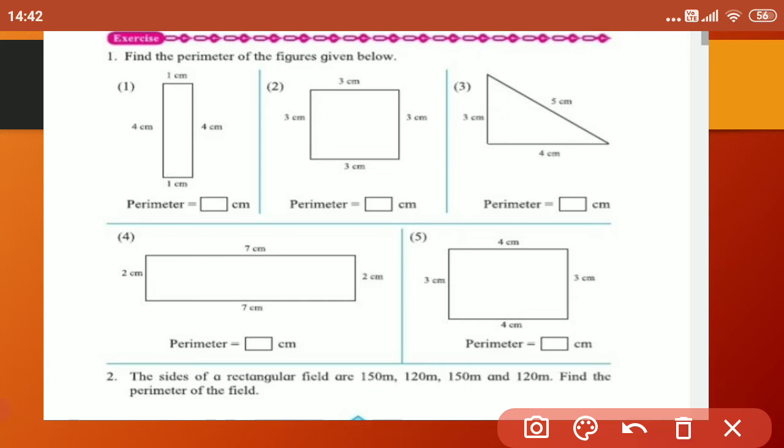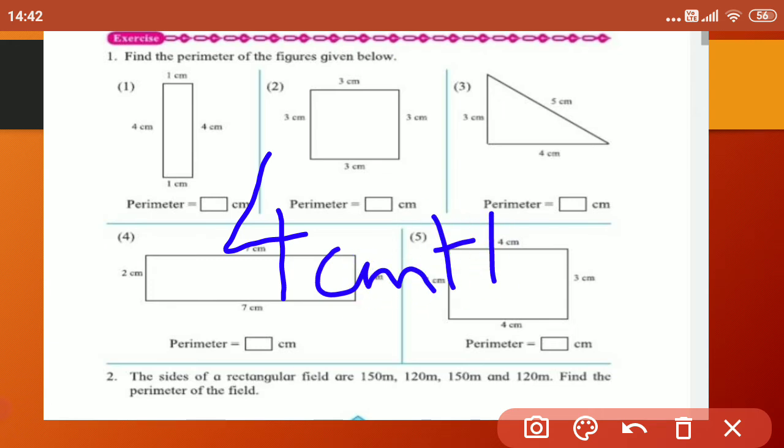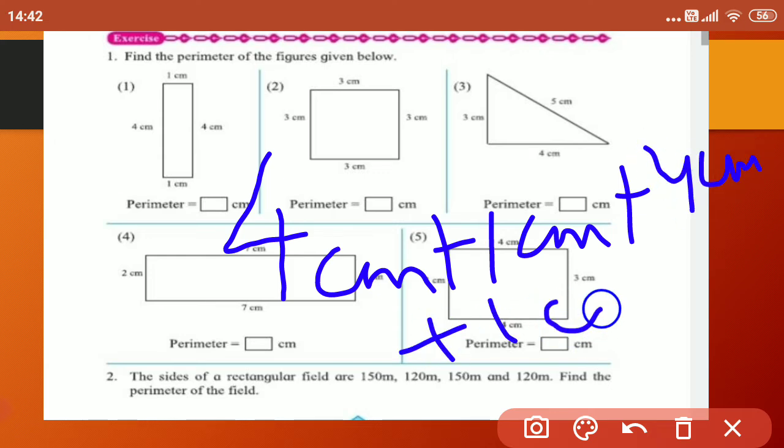So the opposite lengths and breadths are the same. So what you will do? You will add all the 4. That is 4 centimeter plus 1 centimeter plus 4 centimeter plus 1 centimeter.